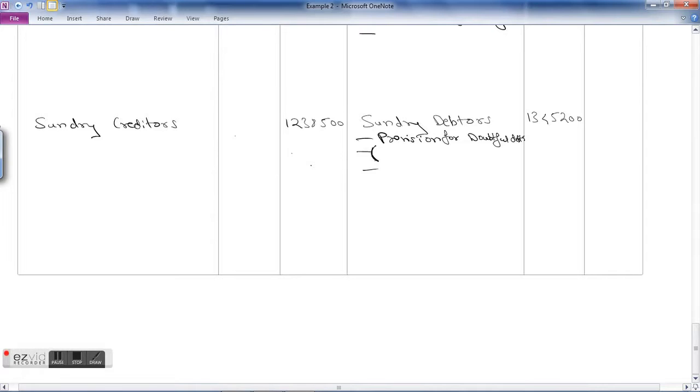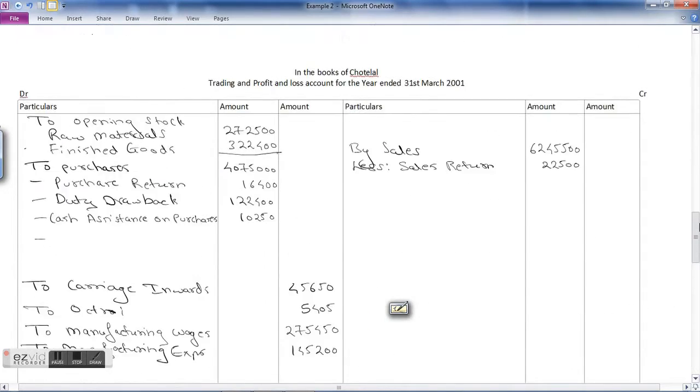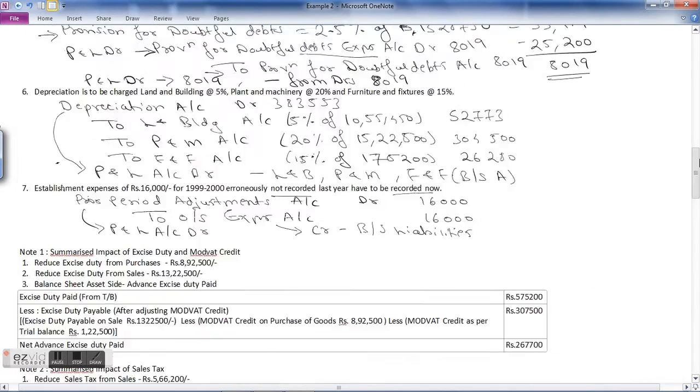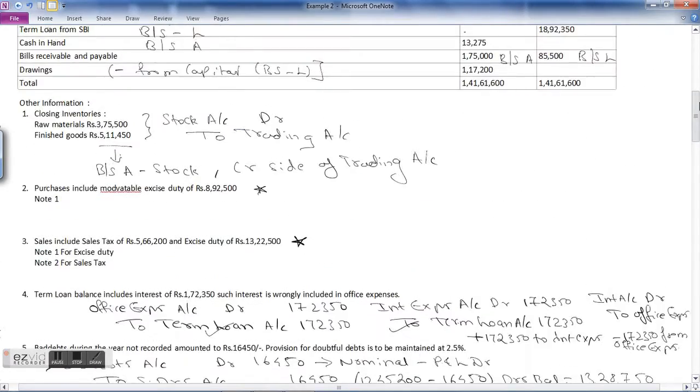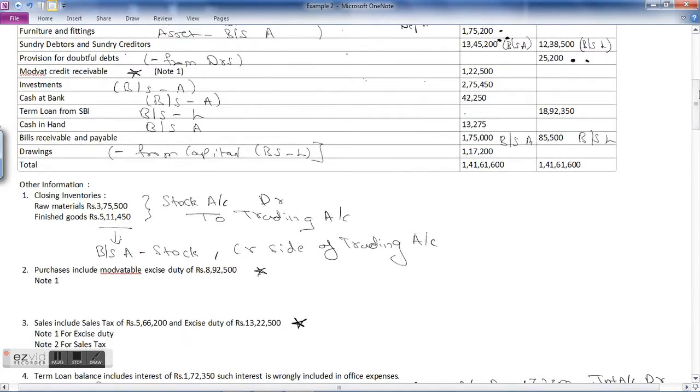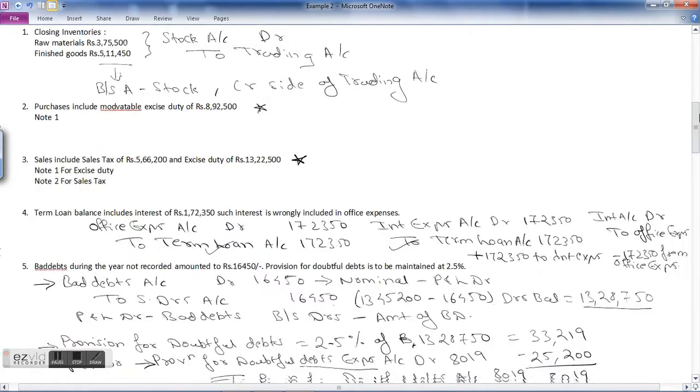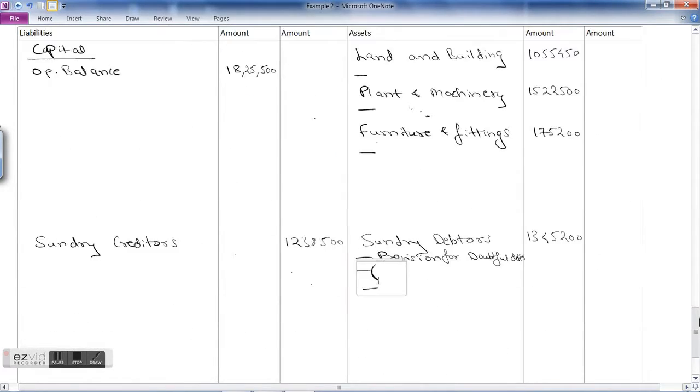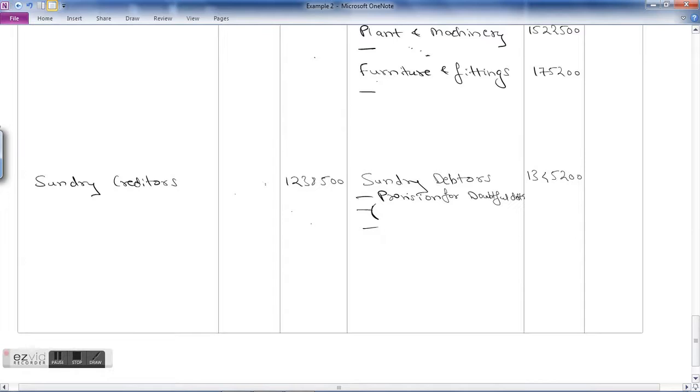So how much is that provision for doubtful debts as per trial balance? It's 25,200. Okay, now let's see what is the adjustment later on.